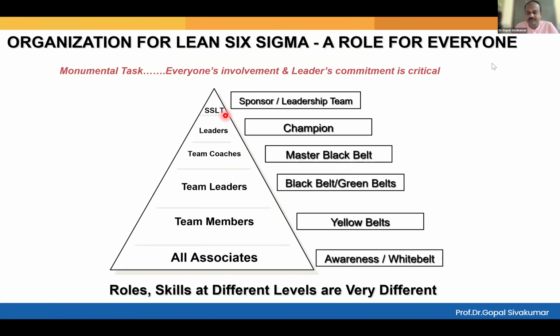And in order to achieve these kind of breakthrough results, Lean and Six Sigma must be deployed strategically. How it must be deployed? Strategically. Strategically means don't use Lean Six Sigma just to try one project. It may not work. But use Lean Six Sigma to execute hundreds and thousands of projects across the organization by involving everyone in the organization, involving all the departments.